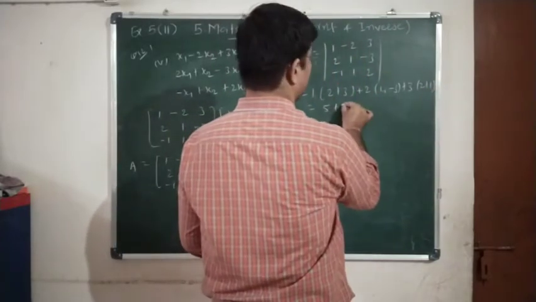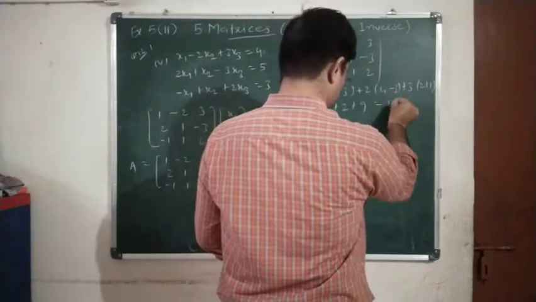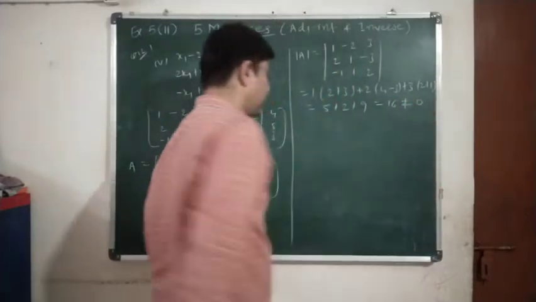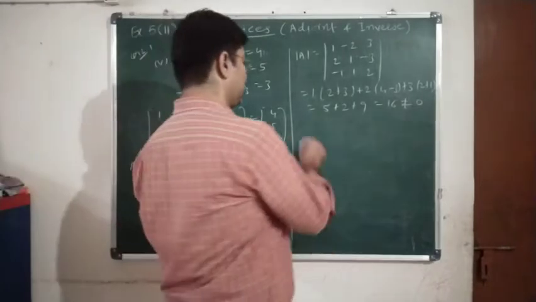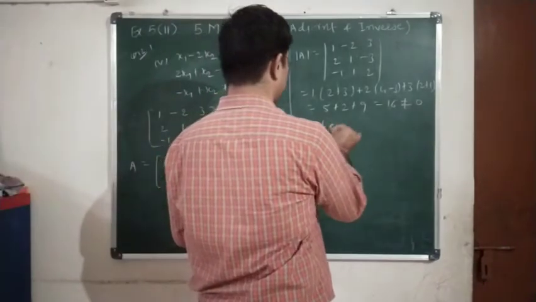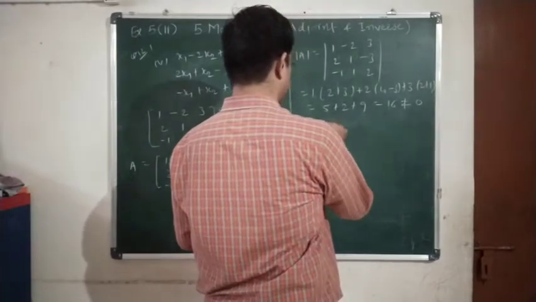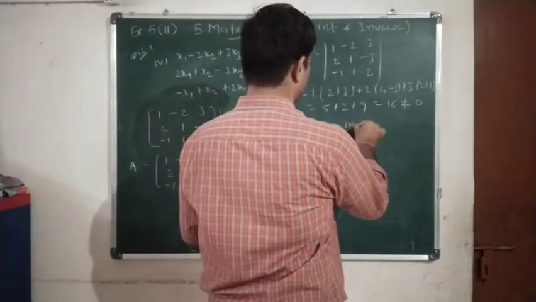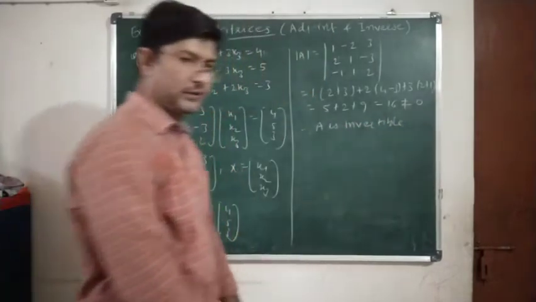So 5 plus 2 plus 9 is equal to 16, which is not equal to 0. Since A is a non-singular matrix, A inverse exists, or we can write A is invertible.